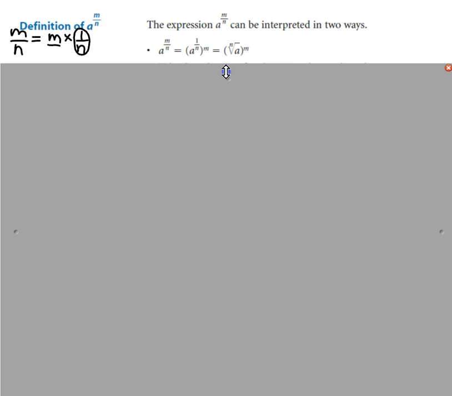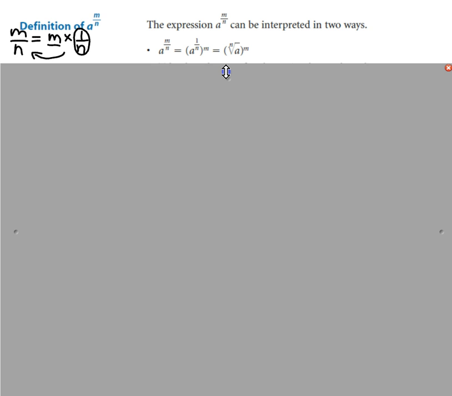The first way is by applying the exponent 1 over n directly to the base, and then applying m outside of the brackets. Okay, so understand that when we take the two parts of m over n, we can multiply them back together to get the fraction.